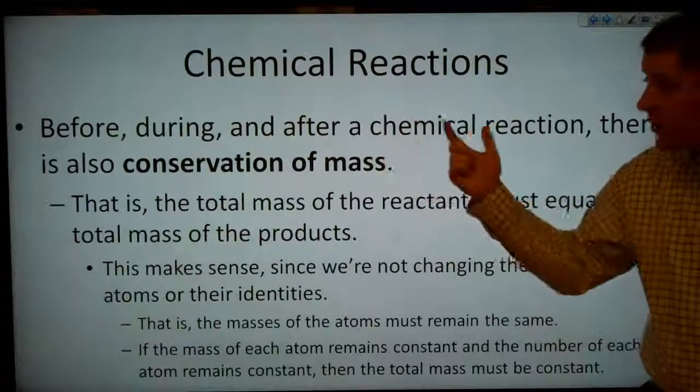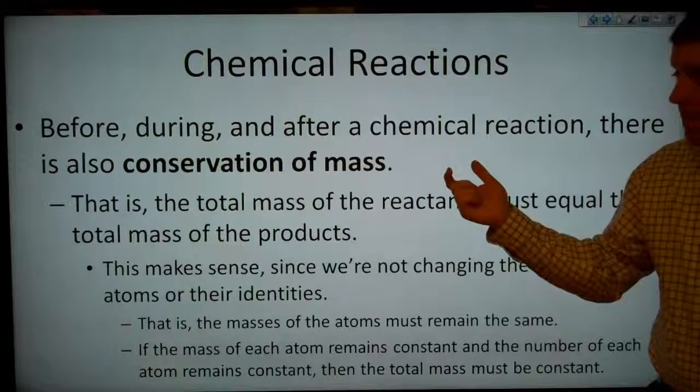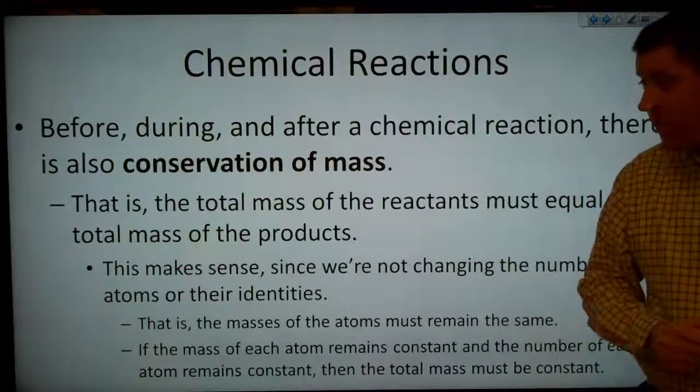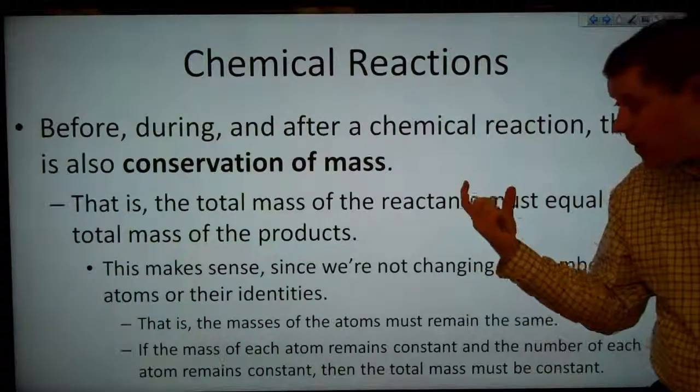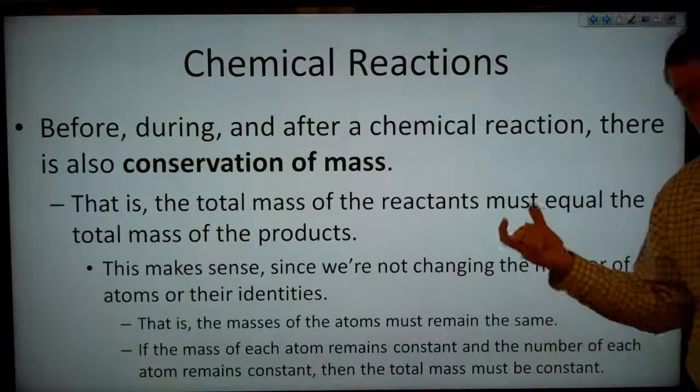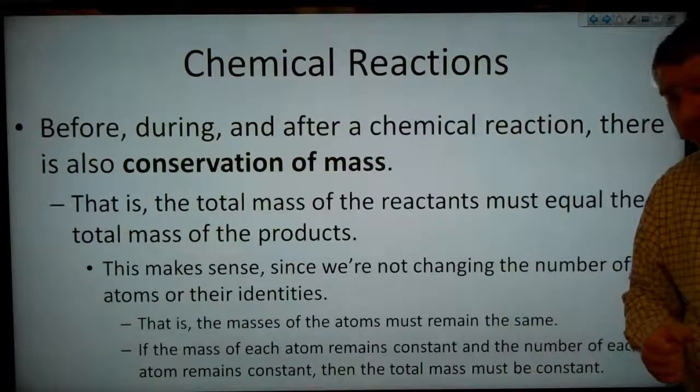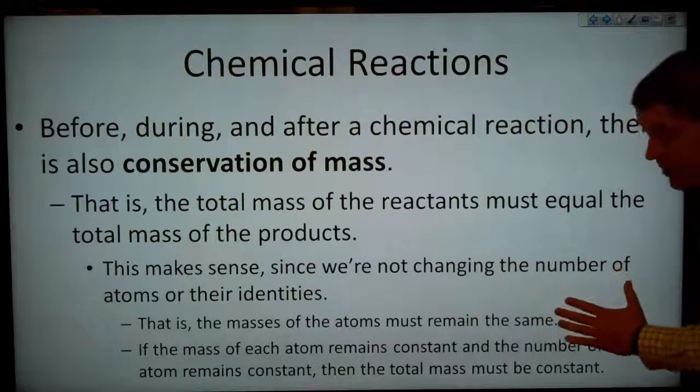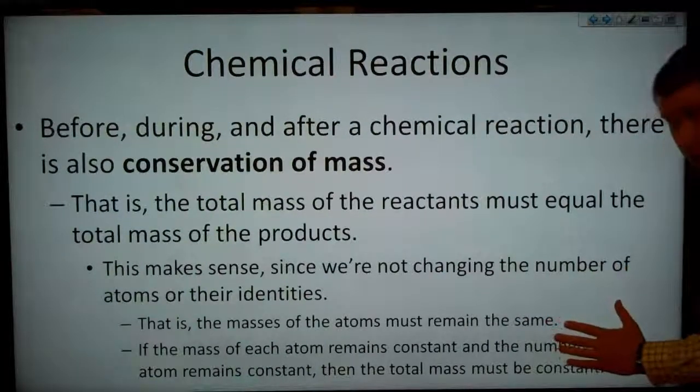So before, during, and after a chemical reaction, there is also a conservation of mass. That is, the total mass of the reactants must equal the total mass of the products. And this makes sense since we're not changing the number of atoms or their identities.